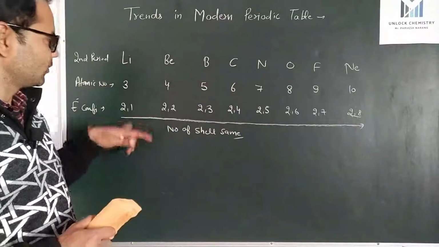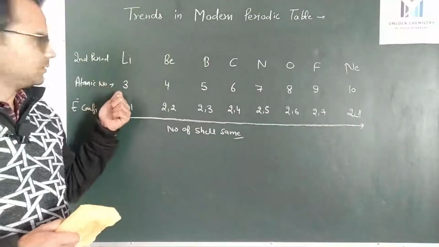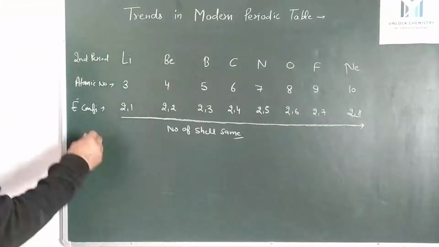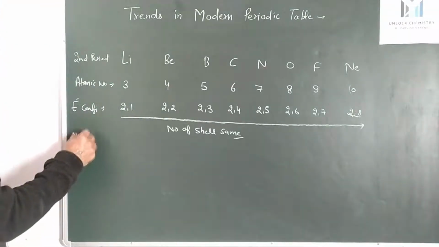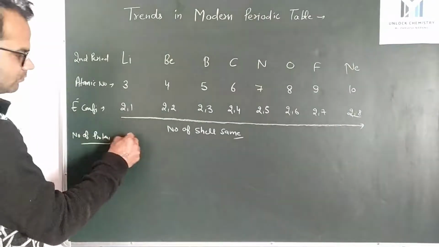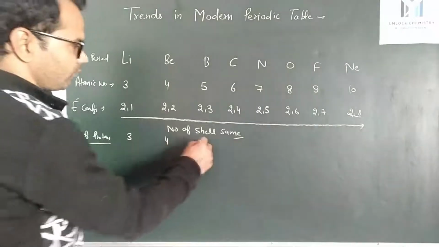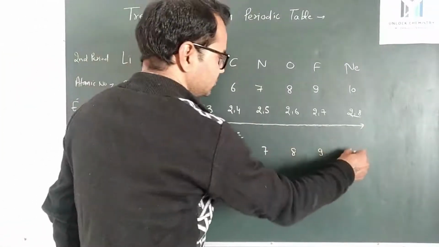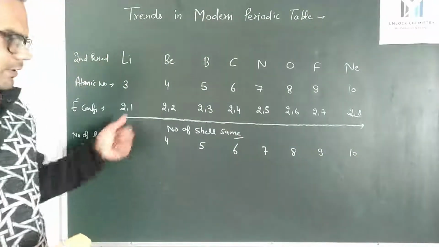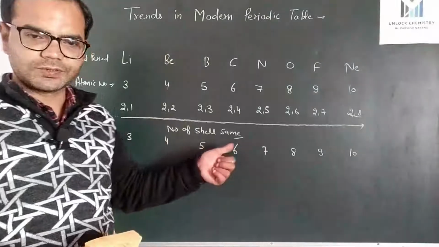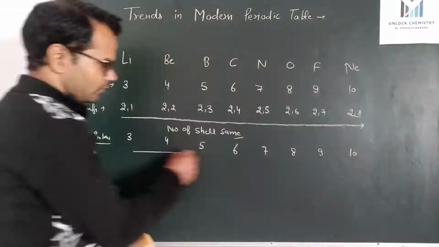Lithium contains 3 protons, as actually the number of protons are equal to atomic number. We can see number of shells are same, but there is increase in number of protons.